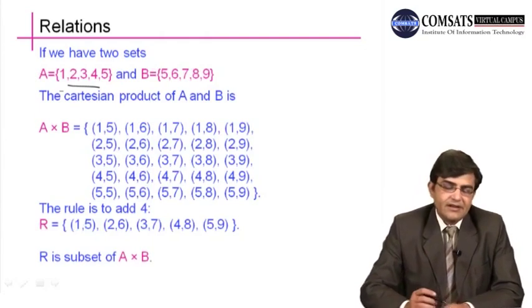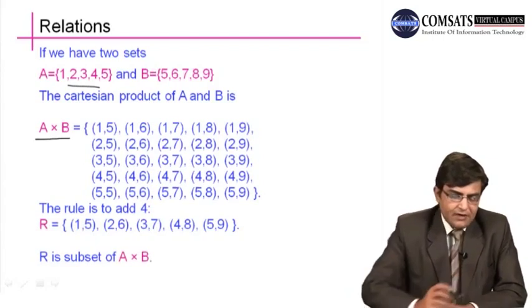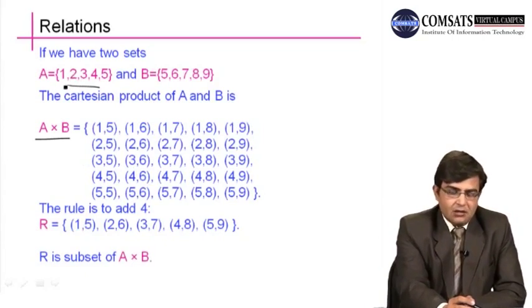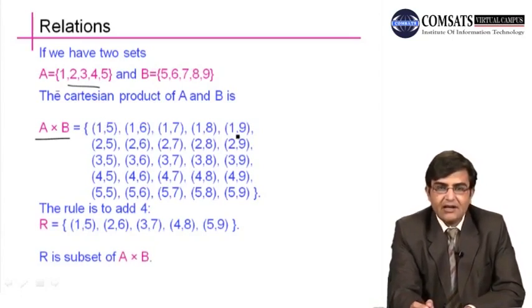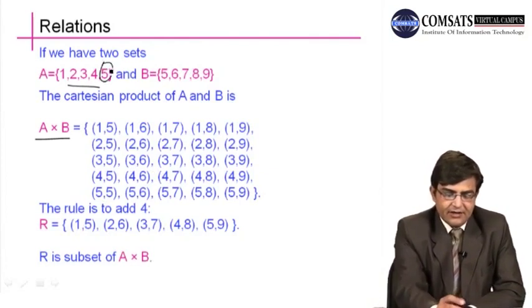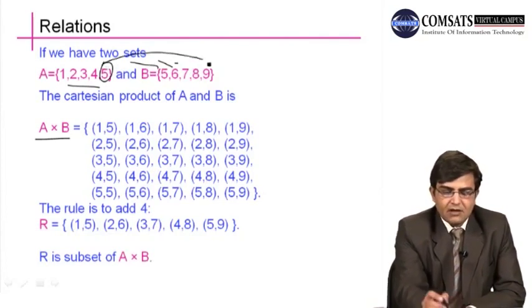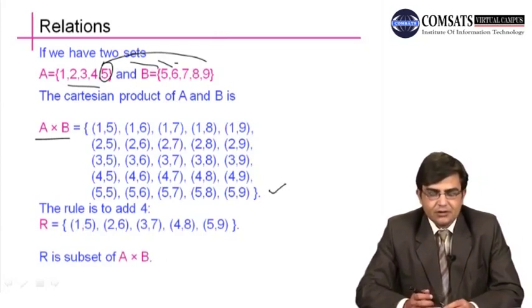In the same manner, we can write the Cartesian product of these two sets A and B. So the Cartesian product is A cross B, and we write the ordered pairs from the set A to the set B, means (1,5), (1,6), (1,7), (1,8), (1,9), (2,5), (2,6), (2,7), (2,8), (2,9) and so on. At the end, with the last element, we write (5,5), (5,6), (5,7), (5,8) and (5,9).